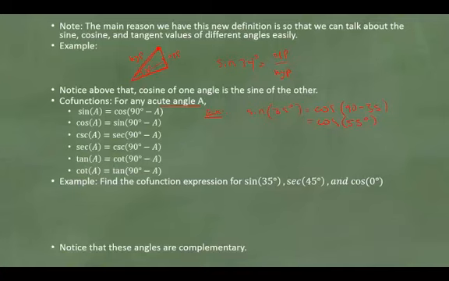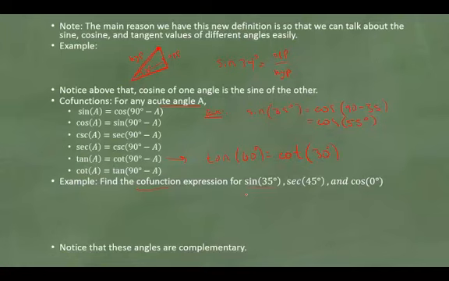Sine of 35 has to equal cosine of 55, etc. for all the other angles here. Tangent of 60 has to equal cotangent of 90 minus 60, which is 30 degrees. Find the cofunction expression for sine 35, secant 45, and cosine 0.